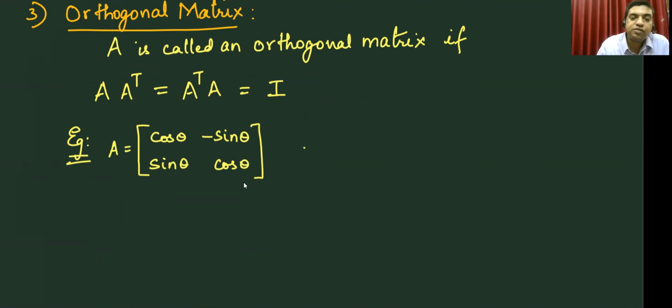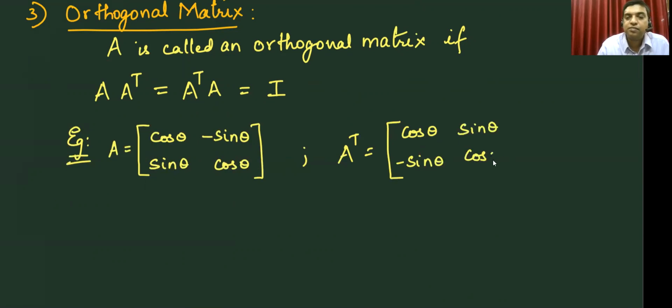A transpose will be cos theta, sin theta, minus sin theta, cos theta. Now A into A transpose, if you do, you will get first row multiplied by the first column.